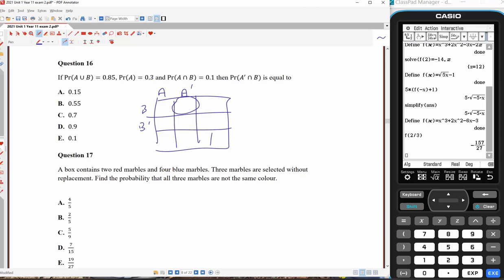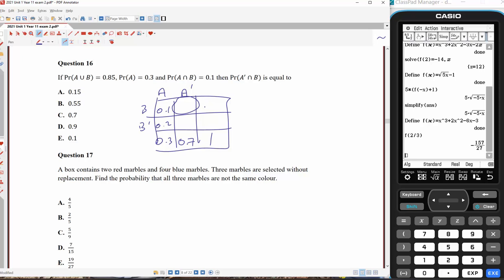So A is 0.3, so that's that. 0.7. The union is equal to 0.85. Oh, A and B is 1. Okay, now that means that that is 0.2 to get to 0.3.